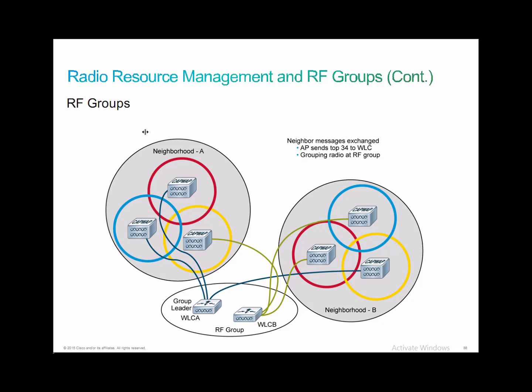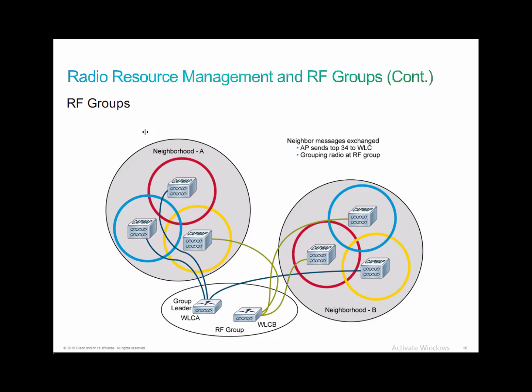You can see the RF group below, in the little circle below, and we have wireless LAN controller A and wireless LAN controller B. The group leader is very important in this architecture. The group leader is what analyzes all the real-time radio data that gets collected by the entire system. It's the one that's going to calculate the power and channel assignments, and it's the one that sends that information to all the other controllers within the group.